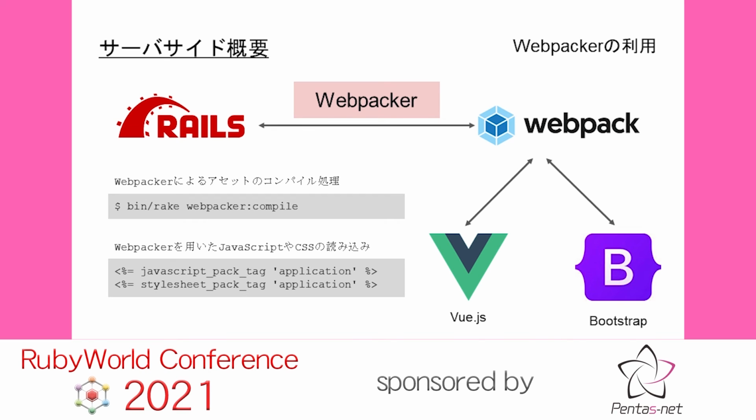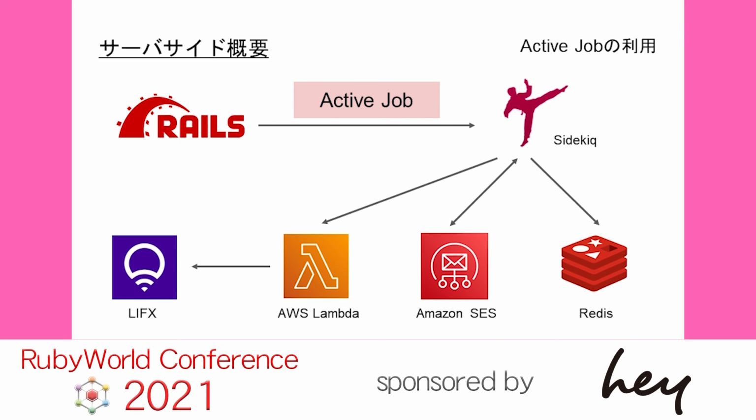The Vue router is not used, and Rails routing is used instead. And the single page application is not used here. This part of the image is supported by Vue.js and is very effective. And the asset compile is done by Rails, and for JavaScript and CSS, a specific method is prepared. Therefore, it was very convenient.